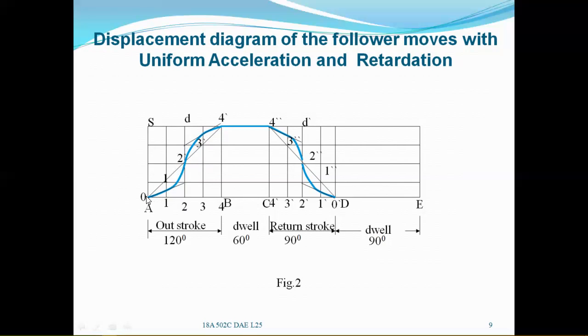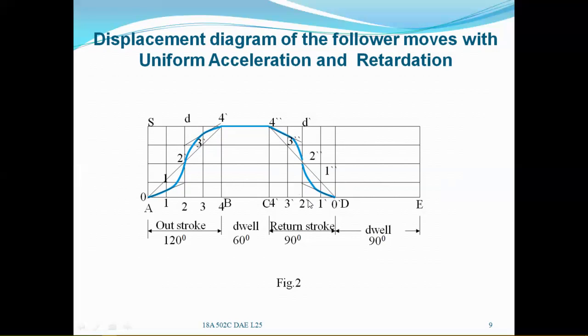right? And join A1, it will intersect at this point. This is the place of point 1, and A2 at this point 2, and 4 to this point from the top one. This third point, you will get the curve like this. And similarly, the same procedure is to be adopted here also in the return stroke.